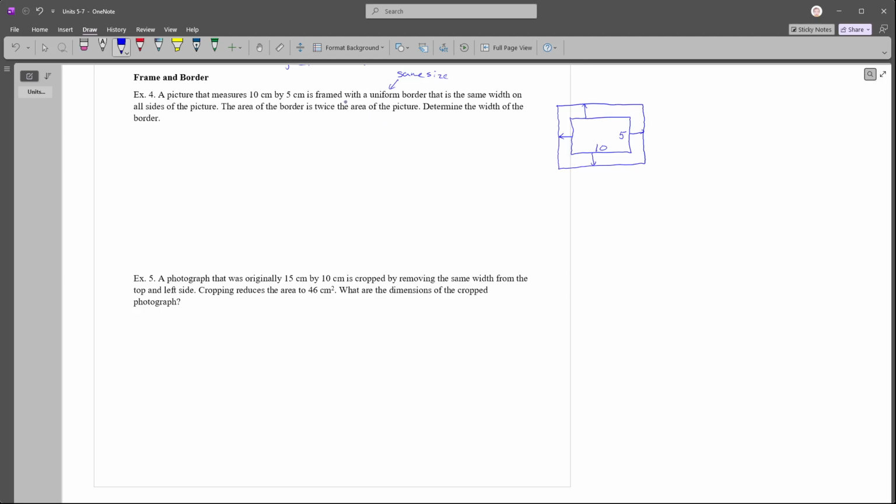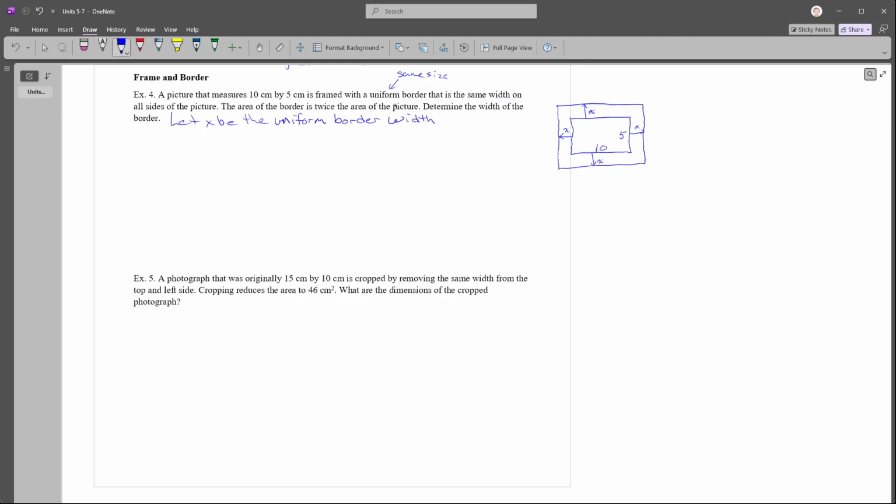So we're going to let x be the uniform width of the border. It's a uniform border width. So if I'm drawing that in my picture, that means this is x, this is x, this is x, and this is x.